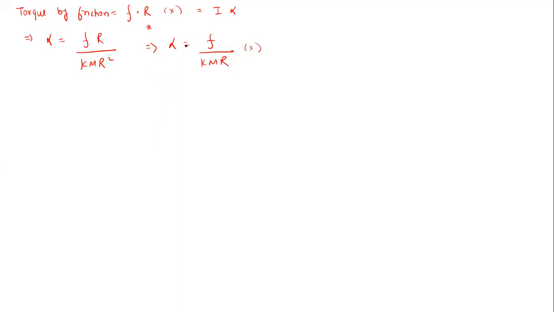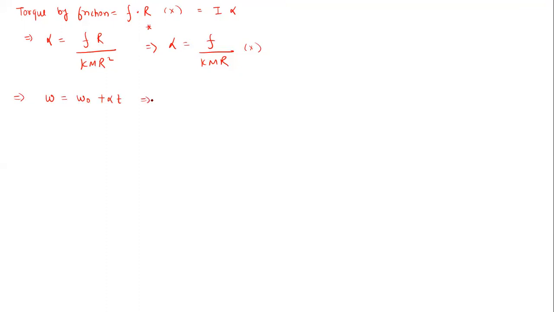Now because of this alpha, the body will start rolling or rotating about the central axis. So from there, can we say that the final angular velocity of the body, that is omega, must be equal to initial angular velocity plus alpha into t? Am I correct? Omega is equal to omega naught plus alpha t.